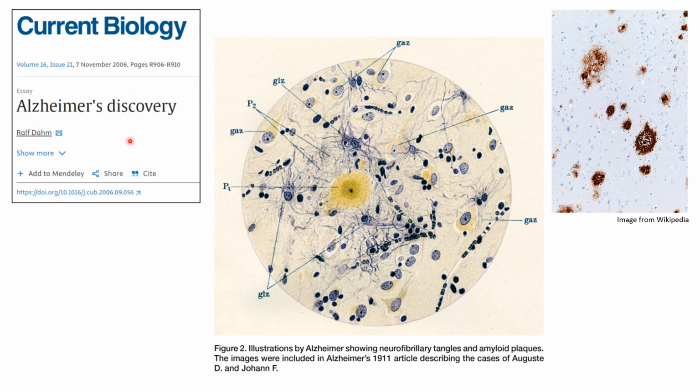And in that paper, you can find a reprint of one of Alois Alzheimer's drawings, which was a section from the brain of a patient of his with senile dementia, which he then stained in a particular way. And when he stained this particular brain section, he saw something called neurofibrillary tangles, which we'll talk about later.